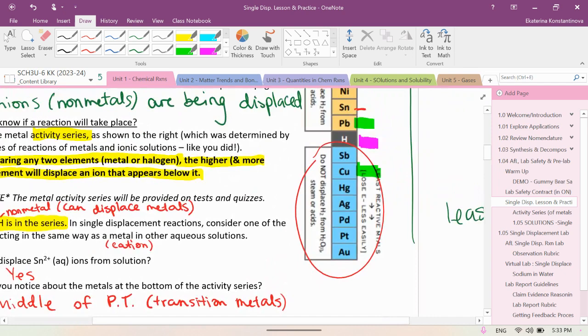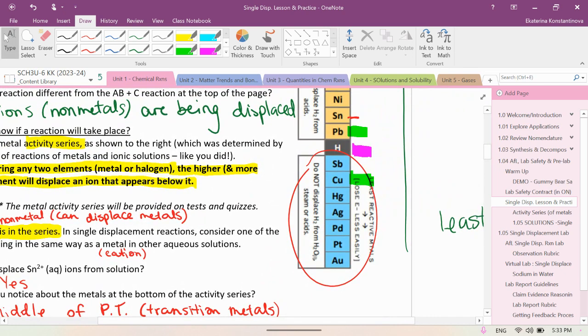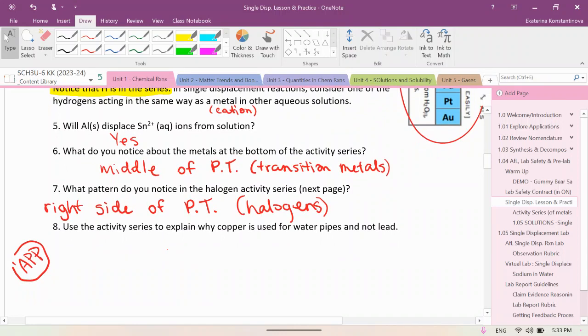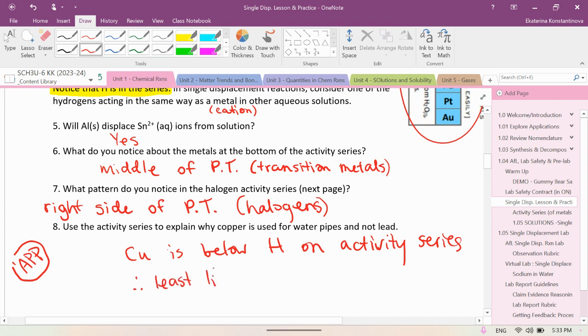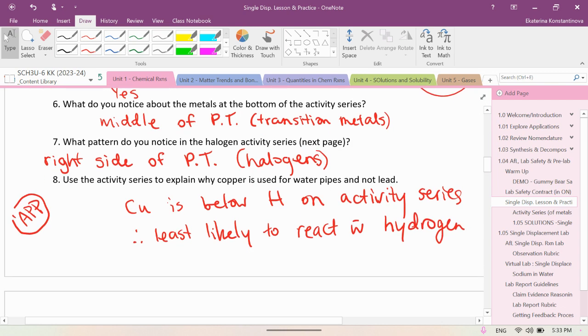So therefore, copper is used. Copper is below hydrogen. It's less reactive than hydrogen. Therefore, it is least likely to react with the hydrogen in water, which is H2O.